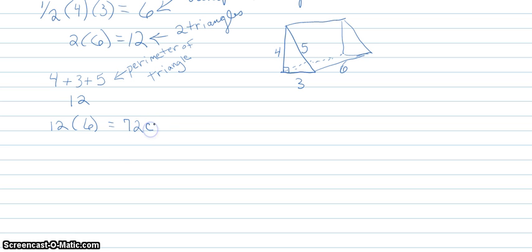And that's going to be in centimeters squared, and the 12 is also in centimeters squared, so we're going to add those two together. So we'll have 84 centimeters squared, since it's area, as the surface area of our right prism.